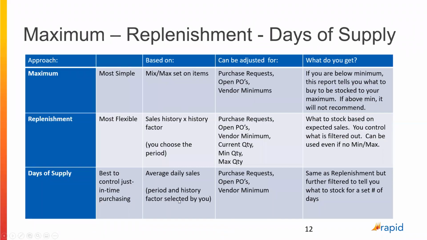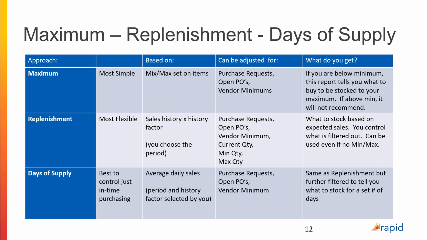All right, and now this is just an overview summary chart. We are going to get into a demo and demo each one of these, and you'll see examples, but just to go through the basics of each one, we've got our maximum approach. Now this would be what we would consider a more simple approach, and it is based on the min and max quantities that are set on the items.